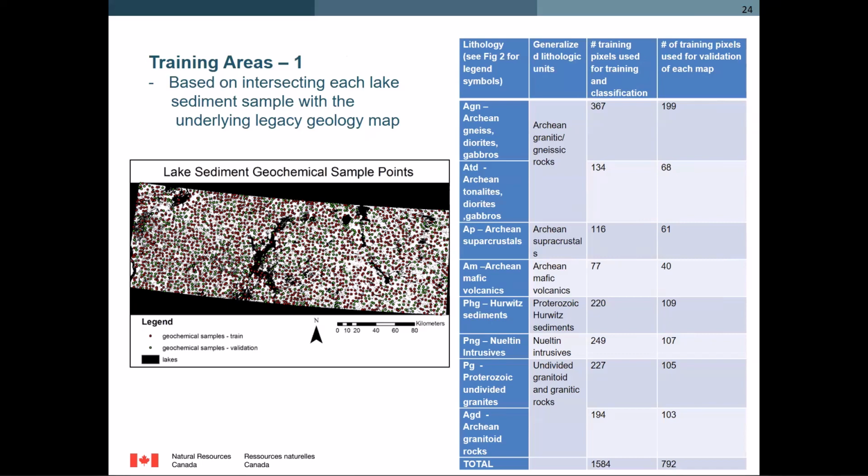The red is actually what we use to produce the classifications, and the green is what we use to validate or check. Remember this concept of dividing your training areas into classification and validation? That's exactly what we've done here. And again, you can see the rock units plus the number of points used for classification and the number for validation.